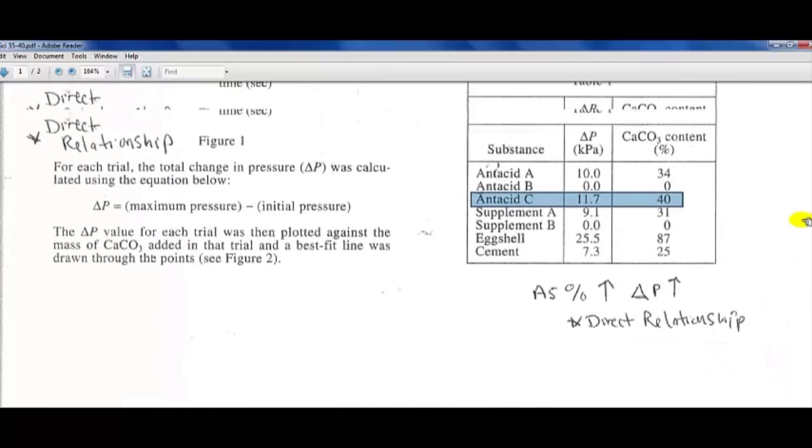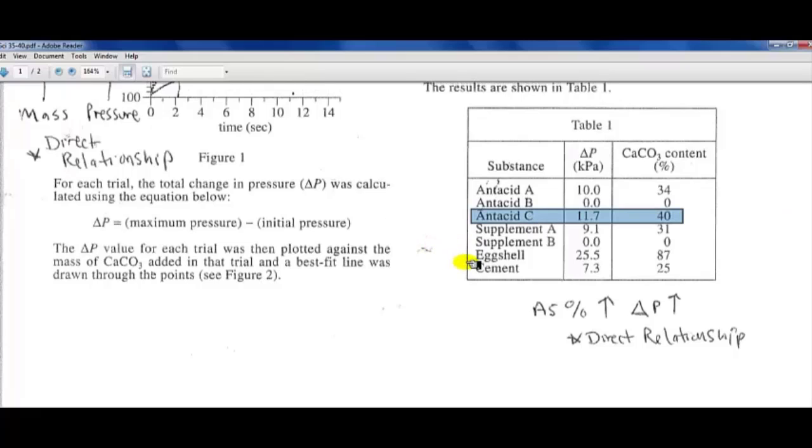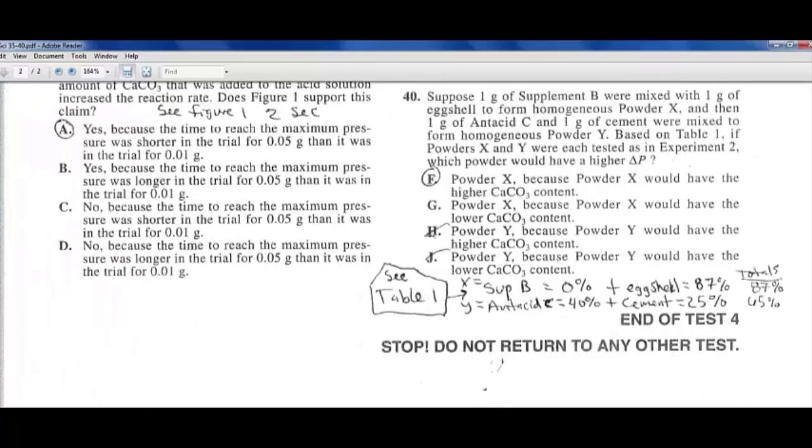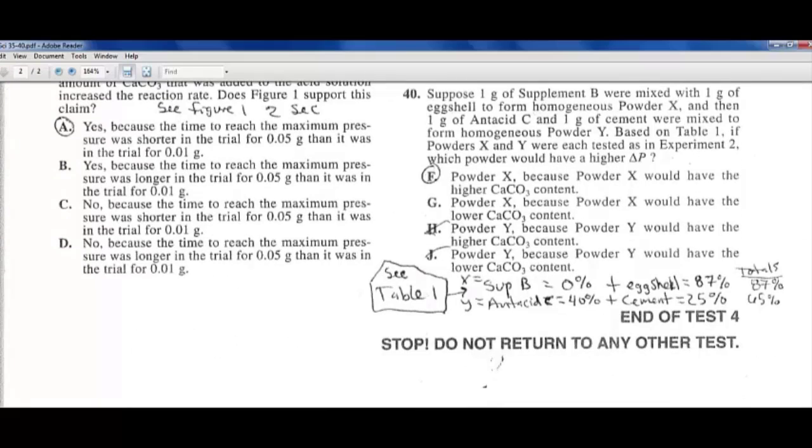And in Table 1, cement is here at the bottom, and the percent is 25%. Let's go ahead and write that down, and we will get a total for powder Y. Powder Y is 40% antacid C, which is CaCO3, and it is 25% CaCO3. 40 and 25 gives you a total of 65% versus X, which is 87%.